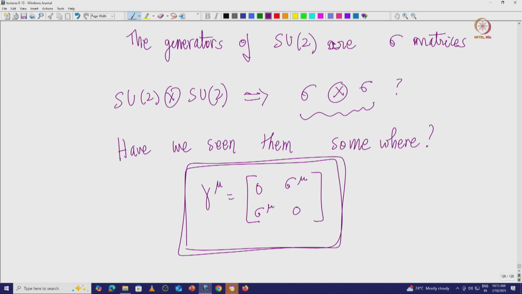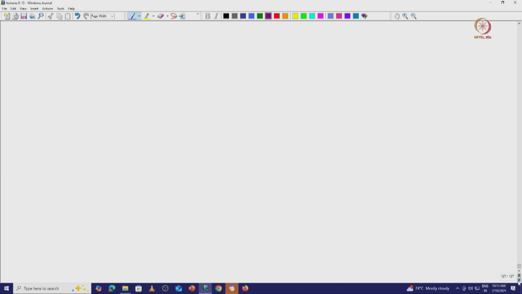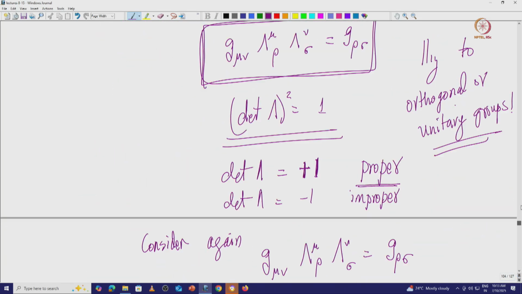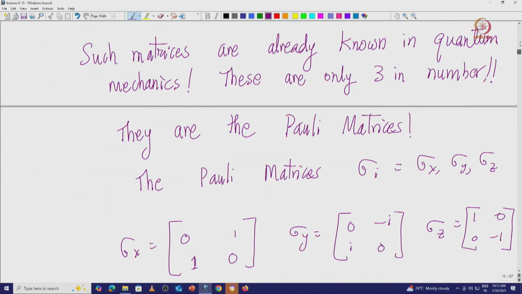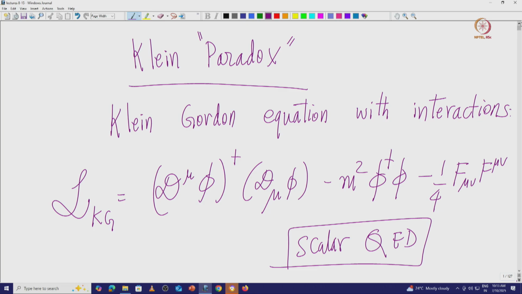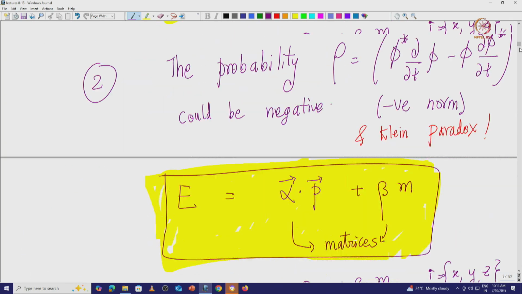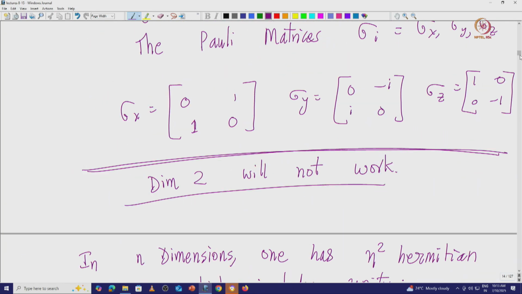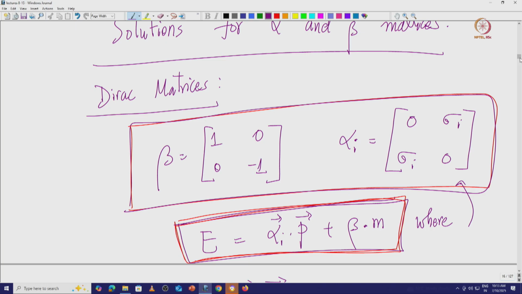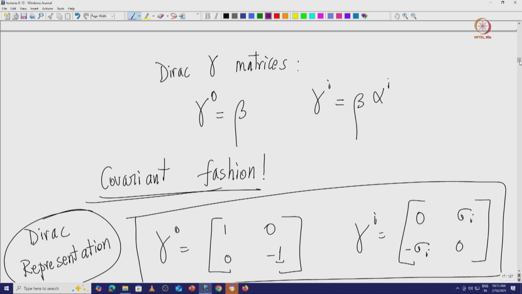If you remember, I think I'll just pull out the lectures. I think we have done it here somewhere, beta alpha matrices, here it is.